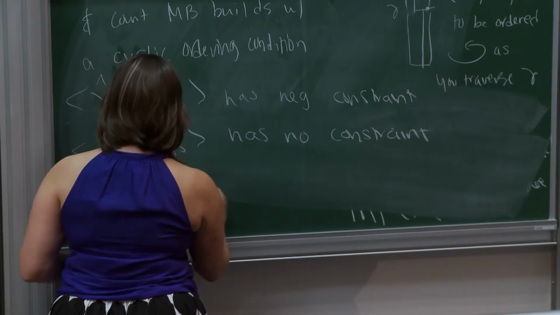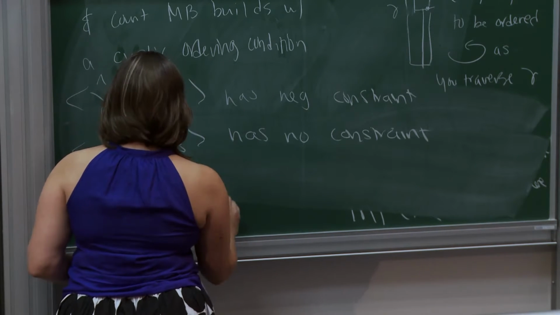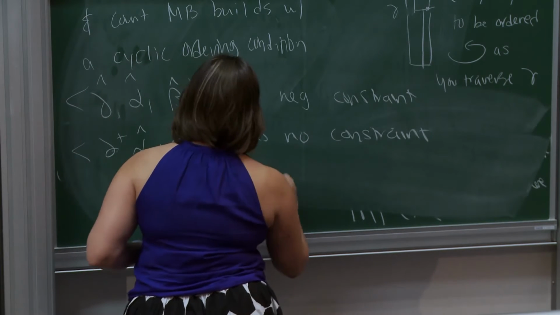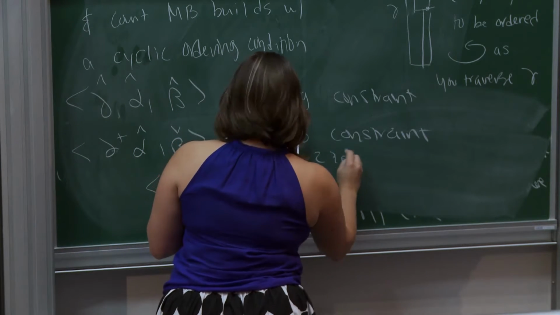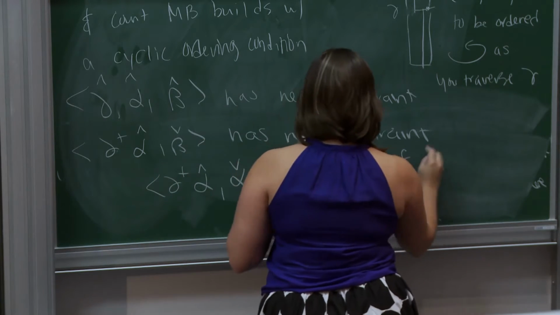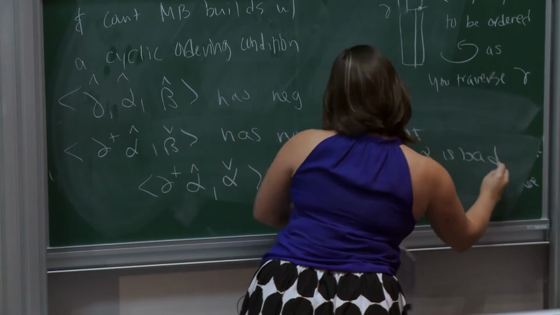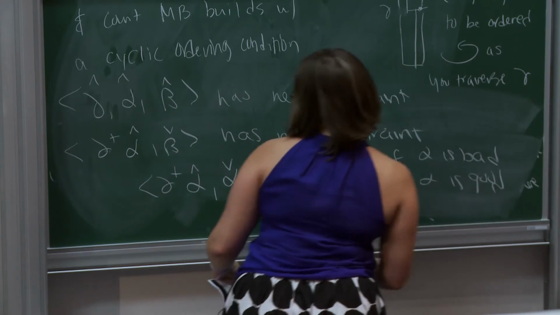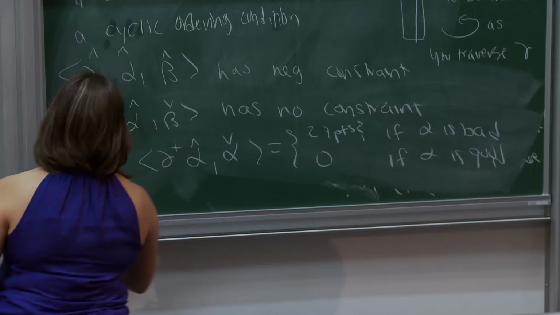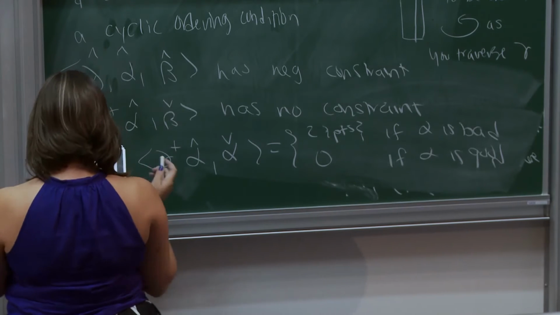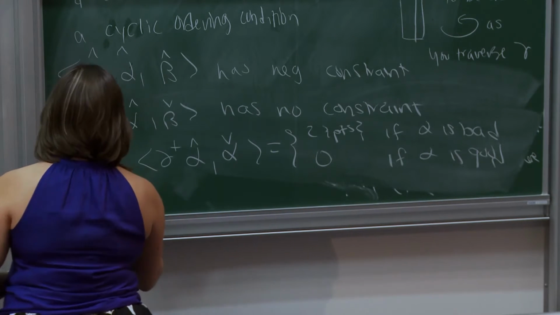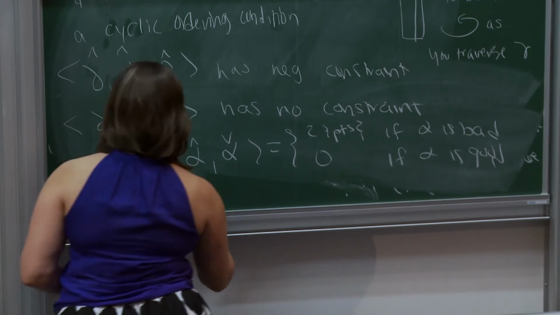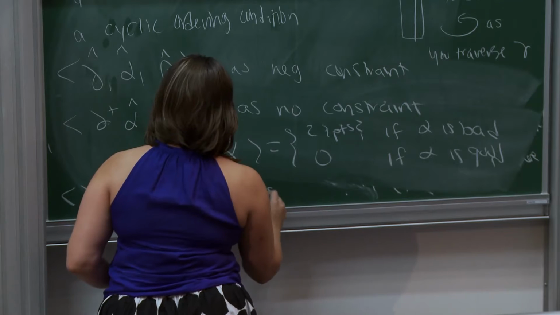So if we look at D plus of alpha check, alpha hat, alpha check, you get 2 points if alpha is bad and 0 if alpha is good. And D minus, alpha check, alpha hat, this has constraints at the top and bottom.